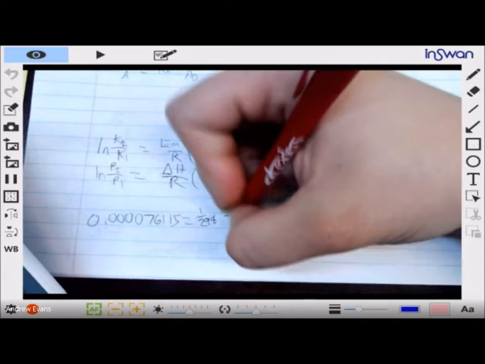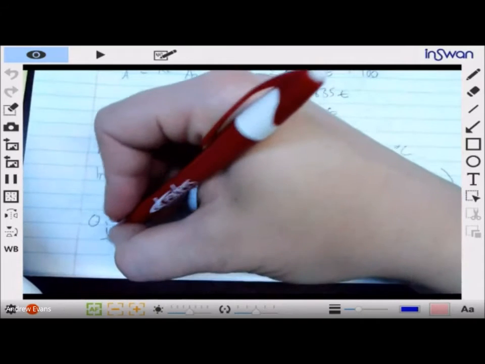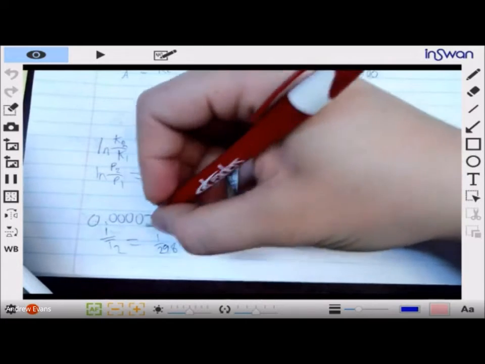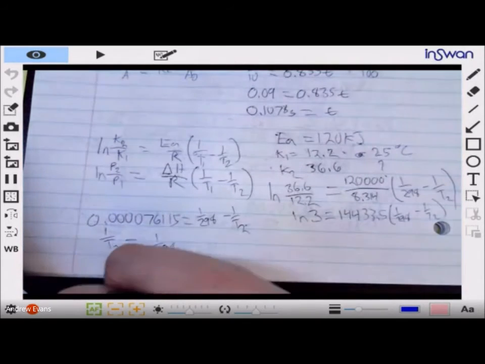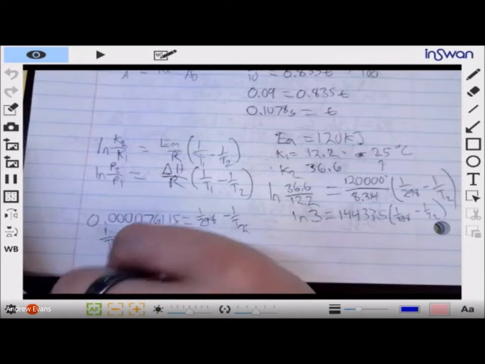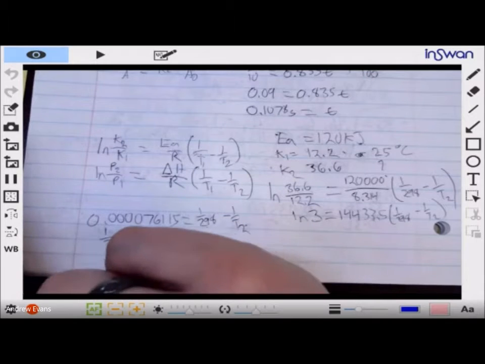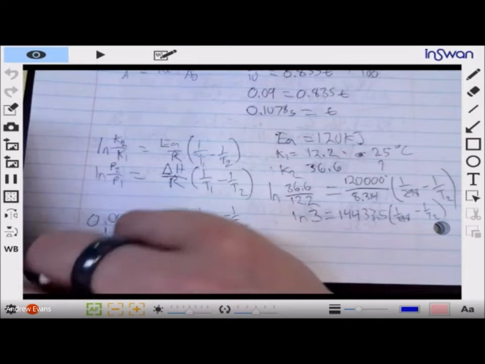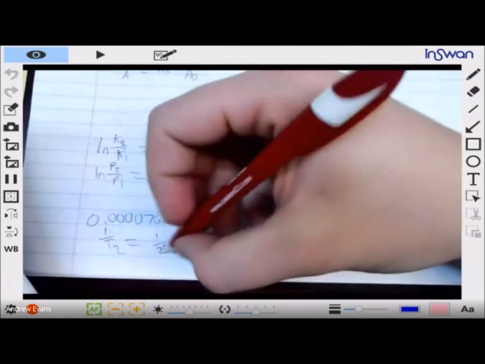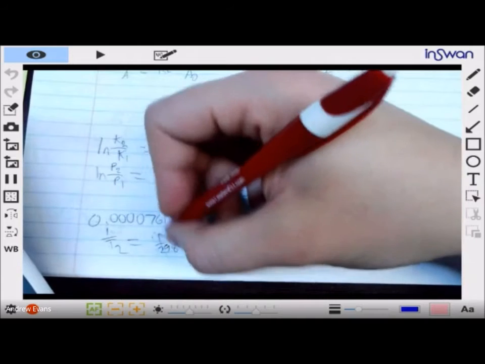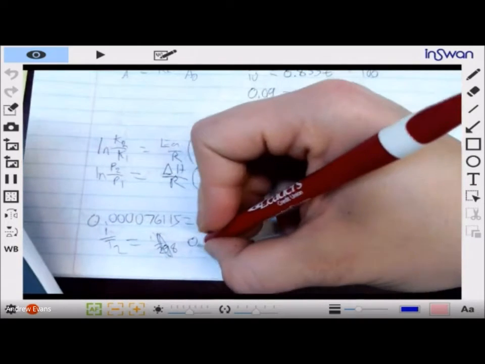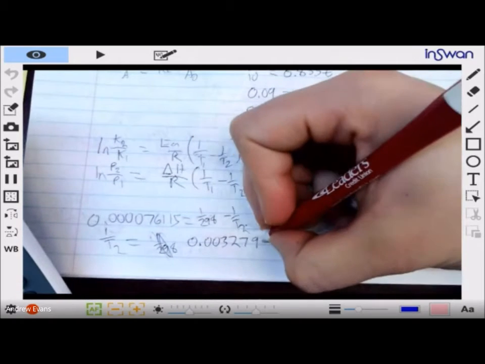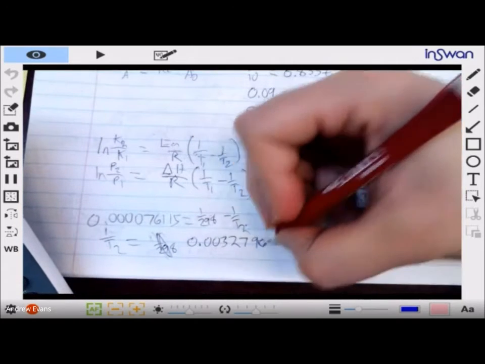Getting my T2 to the other side, 1 over T2 equals 1 over 298 minus our thing. I'm going to make that negative and add that to 1 over 298, and I get a much less small number. But on these types of problems, you do not want to round too much.